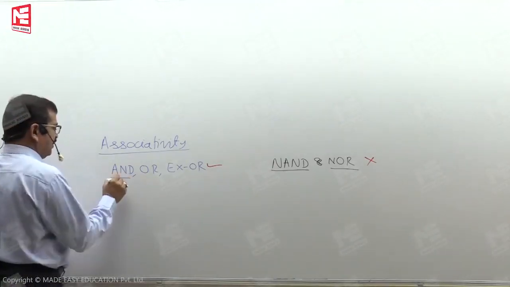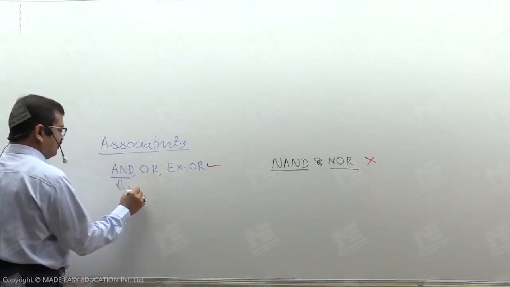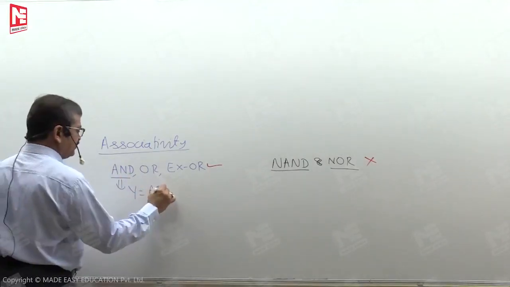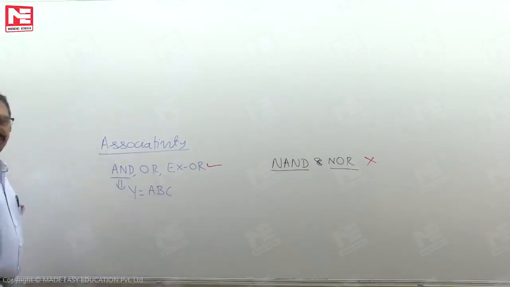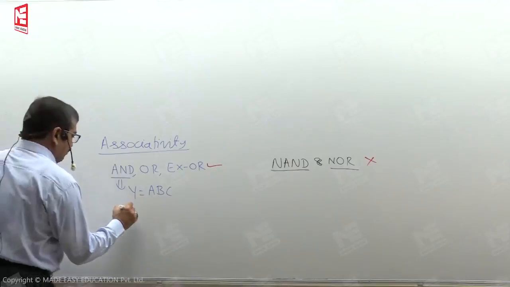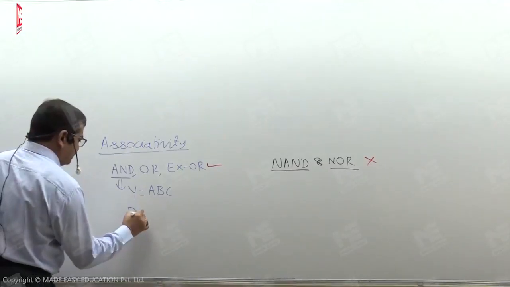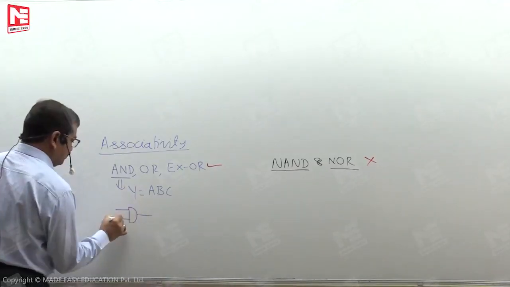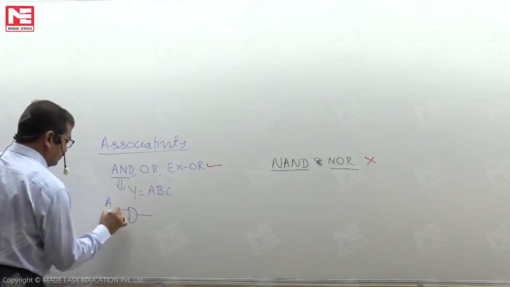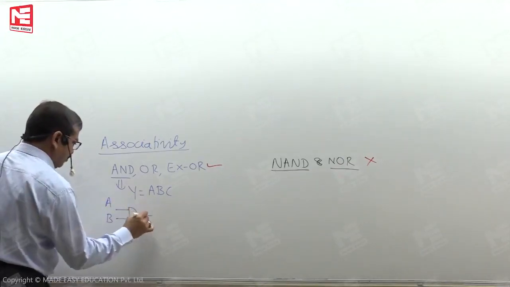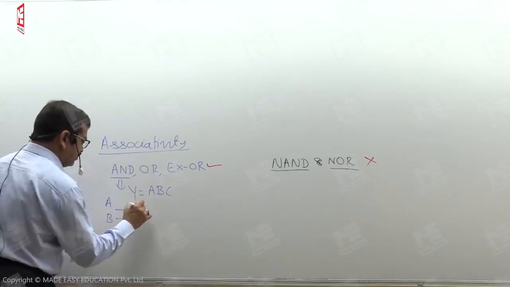Suppose with AND, if you want to verify on three variables, we have the AND operation on A, B, and C. Checking the logic gates, here it is AB.